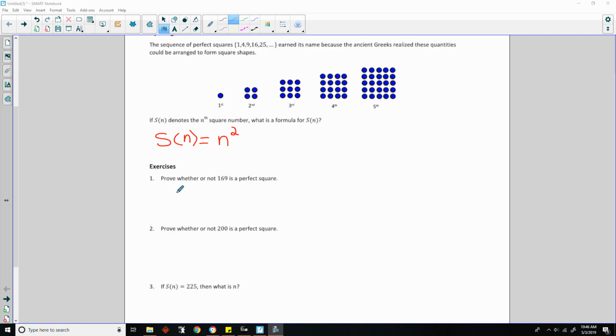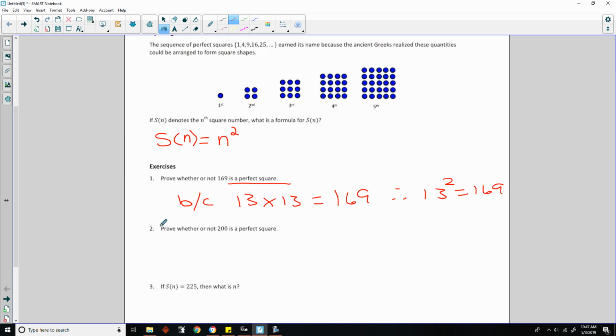I can say that 169 is a perfect square because a 13 by 13 arrangement of dots would equal 169. Therefore, 13 squared equals 169.